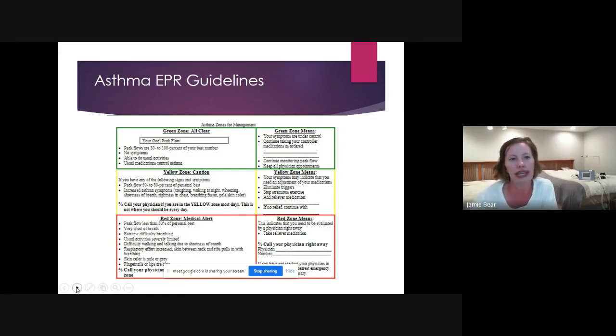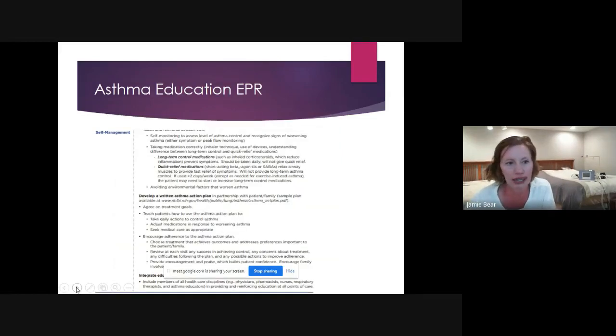And then just looking at asthma education through those guidelines, really that self-management to help these patients stay in their green zone. So self-monitoring to assess the level of asthma control and recognizing signs of worsening asthma, how to take medications correctly. So once again, do you take your quick relief medication versus your controller medications? I was asked, when I did a ClinSam on two different scenarios, they had patients taking their medications wrong.